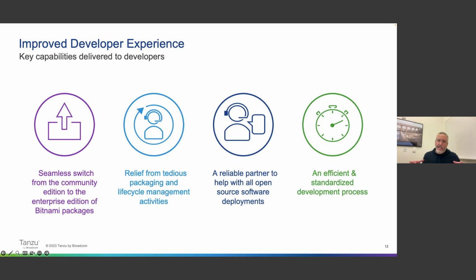So with Tanzu Application Catalog, you can count on us to partner with you. We give you assistance getting your developers set up with the open source software they need, get them deployed, and we stand by our product if you're having trouble. We really take good care of our customers and users, which are our developers.